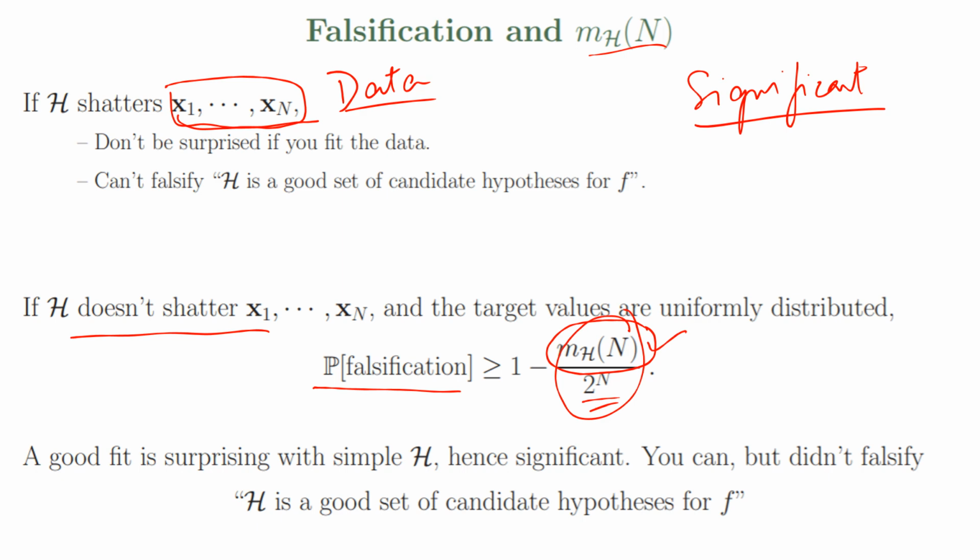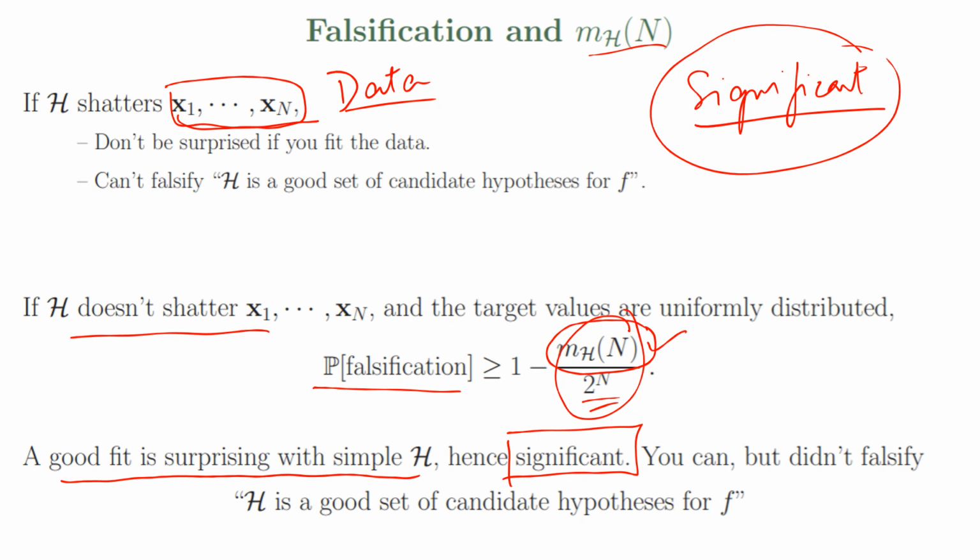Basically, you could have falsified, but still your model fits so well. And the fact you didn't falsify is significant. That's the idea here, and that's why we want to be simple, right? So a good fit is surprising with simple hypotheses, and that is why it's significant. Okay, so you can falsify, but you didn't, and so that's a good result, essentially.